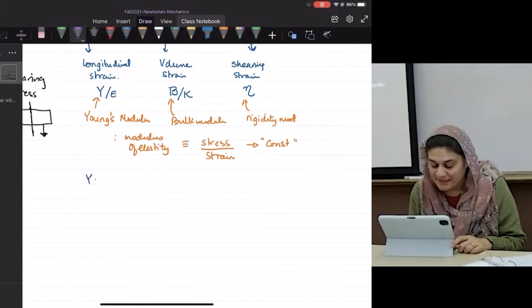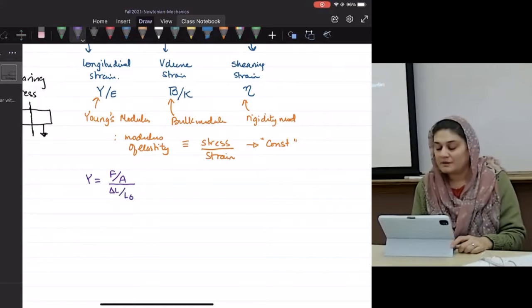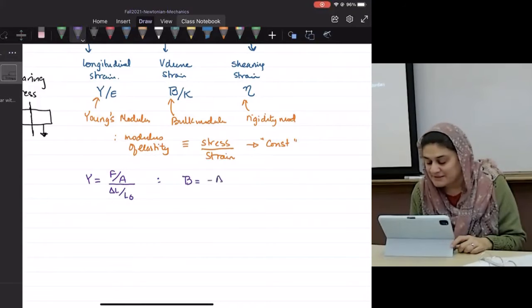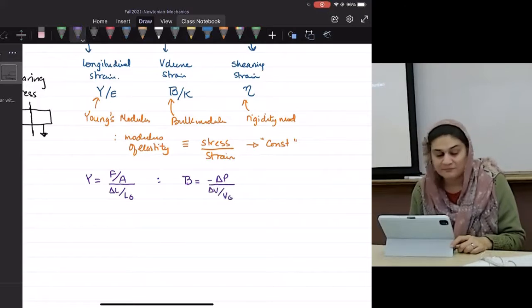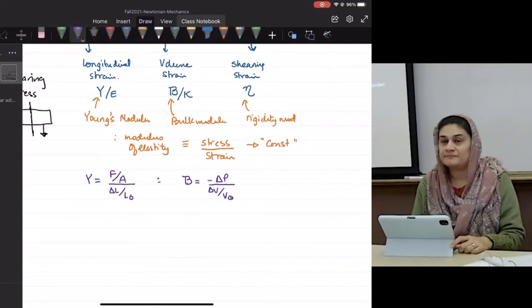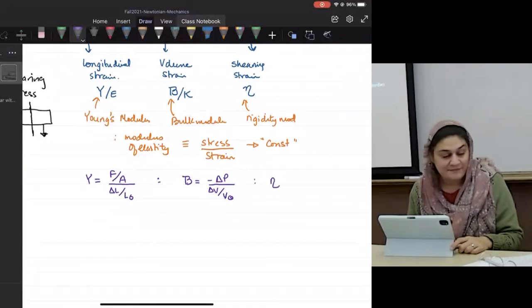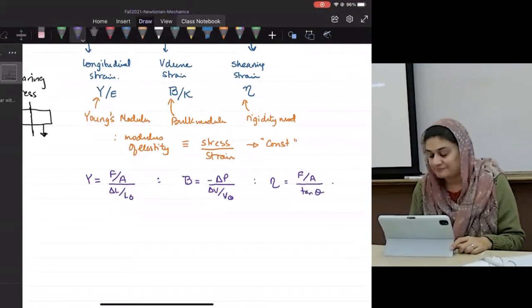Y is defined as force per unit area divided by delta L over L0. B, bulk modulus, is defined as minus delta P over delta V over V0. And eta is defined as F over A divided by tangent of theta.